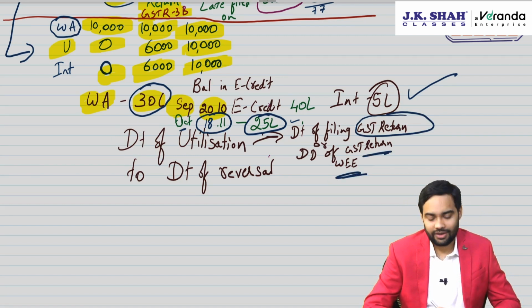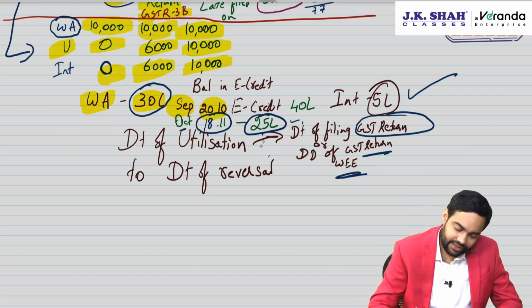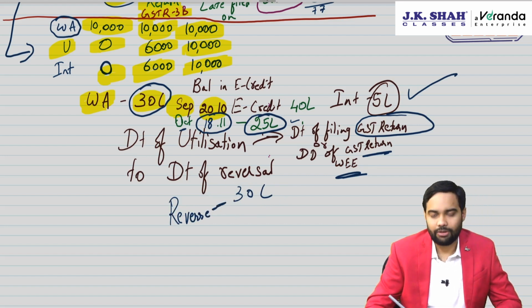So be careful about this one point. The Institute may test you on this. Now, thereafter if I reverse the entire 30 lakh, then as I have utilized only 5 lakh, interest will apply only on 5 lakh and not on the full amount. Clear with this? Yes.